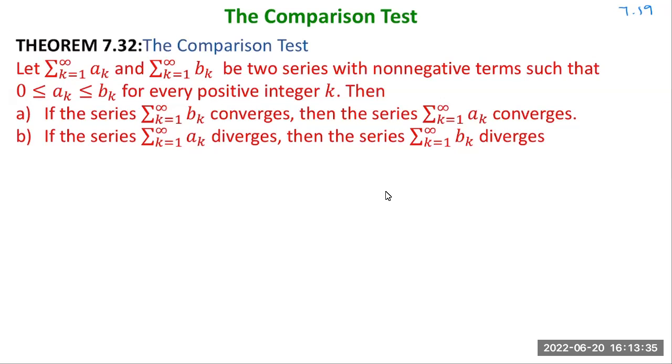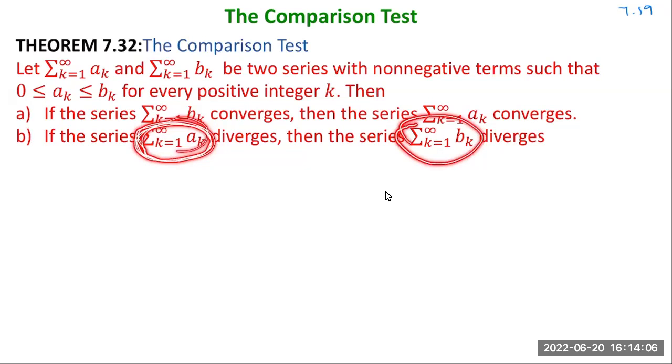And the second part: if the series sum of a_k diverges, then the series sum of b_k diverges as well. Again, you can see this intuitively. Notice that a_k is smaller than or equal to b_k, right? That means you would expect the summation of this series to be smaller than the summation of this one.